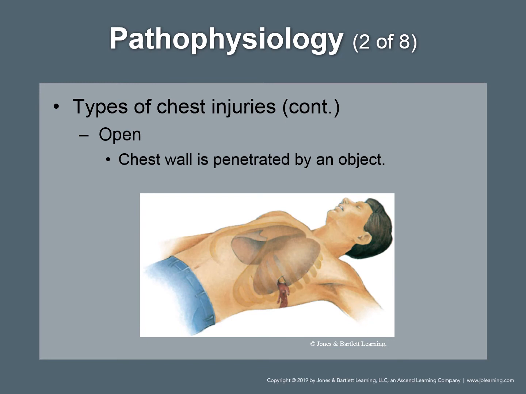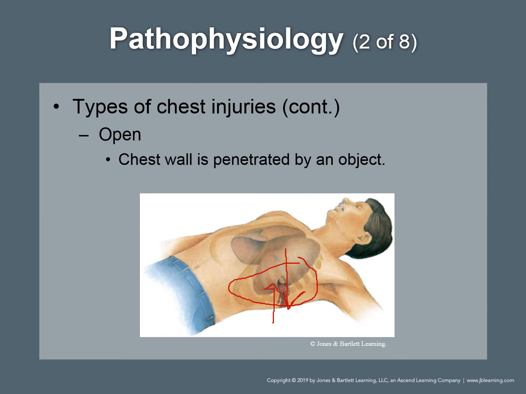So, an open chest wound, which is what you see here, is a penetrating injury that is open to the inside of the chest. Bubbling bleeding is a big sign of chest trauma. When you exhale, your body is pushing air out, and when you inhale, your body sucks air in normally.